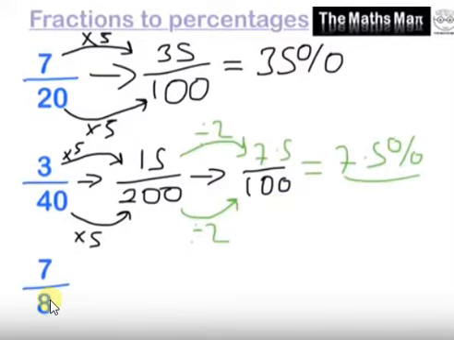Now look at this. It is not easy to make this denominator a number which is 100 or a number that can be reduced to 100. So the easiest way to change it to a percentage is to first convert it into a decimal.